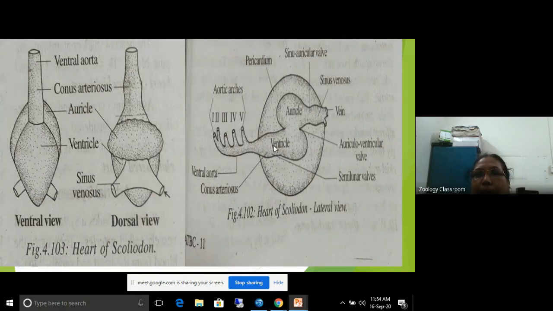This venous blood is collected by the heart, so it is called a venous heart. The auricle and ventricle are the only true chambers, and the sinus venosus and conus arteriosus are the accessory organs or accessory chambers.